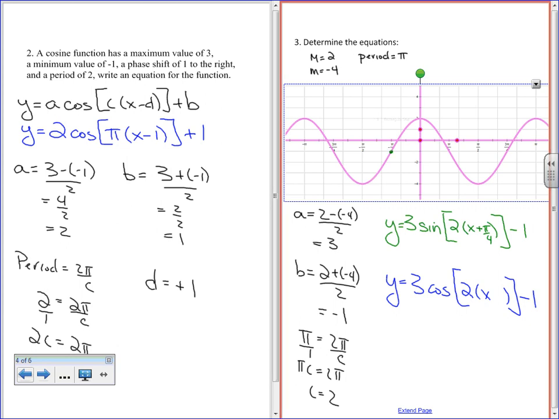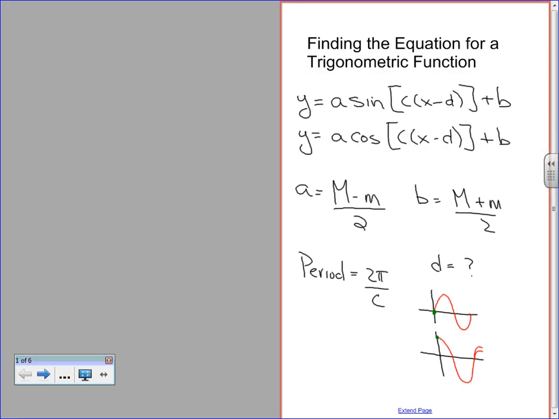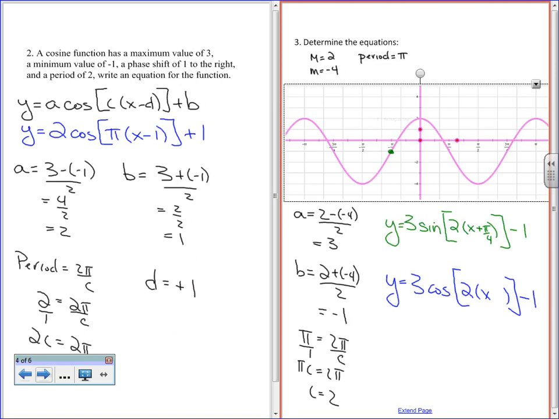If you're looking back at it, you'll see that's where my green one started. My cosine curve starts at its highest value, right? And this one does start at its highest value. So it goes all the way down, ends up again. So this one doesn't even have a phase shift.